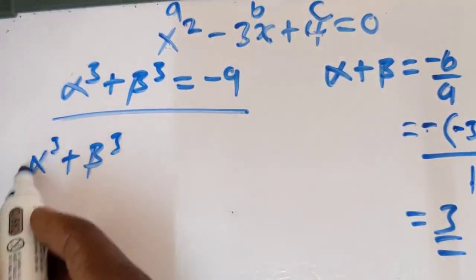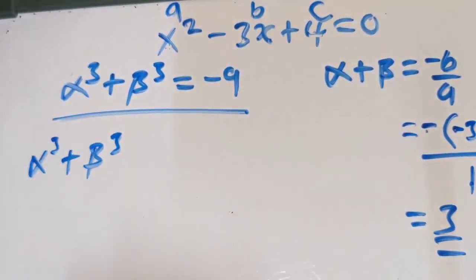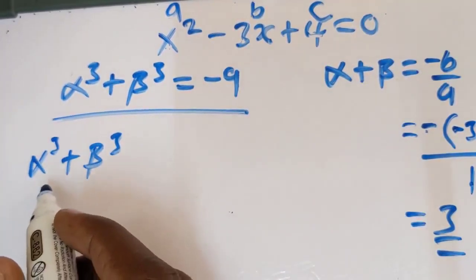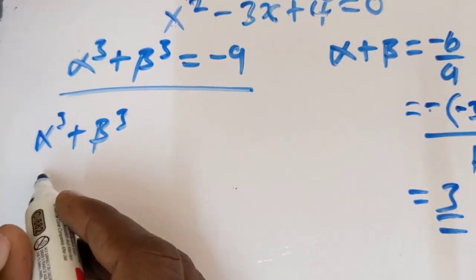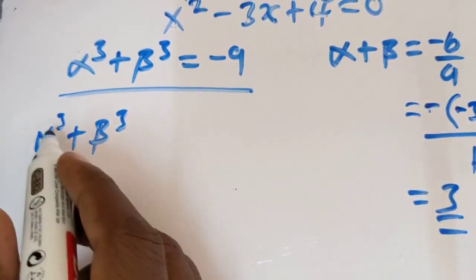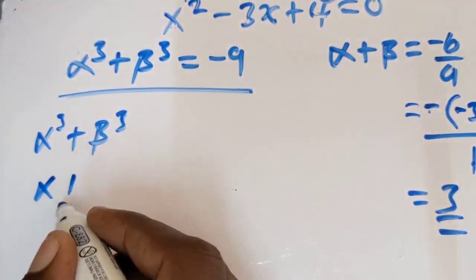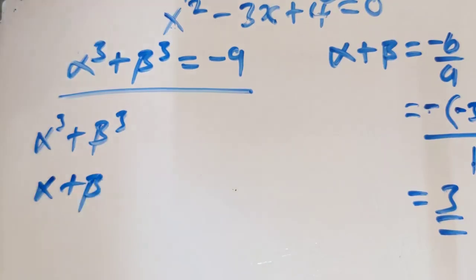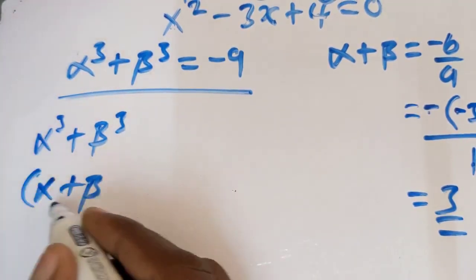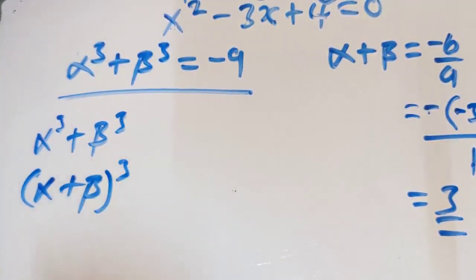Okay, so if you want to derive this formula, what you can do is this. This can also be written as alpha plus beta, to the power 3. That is how it can be written.